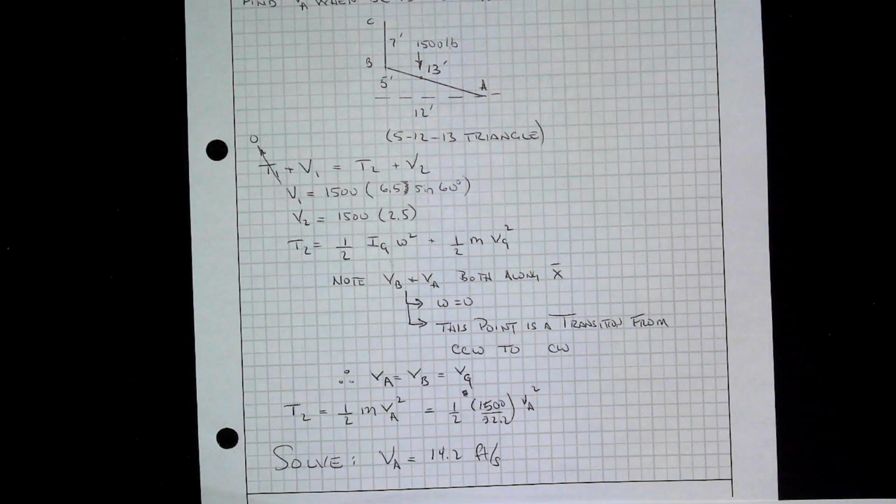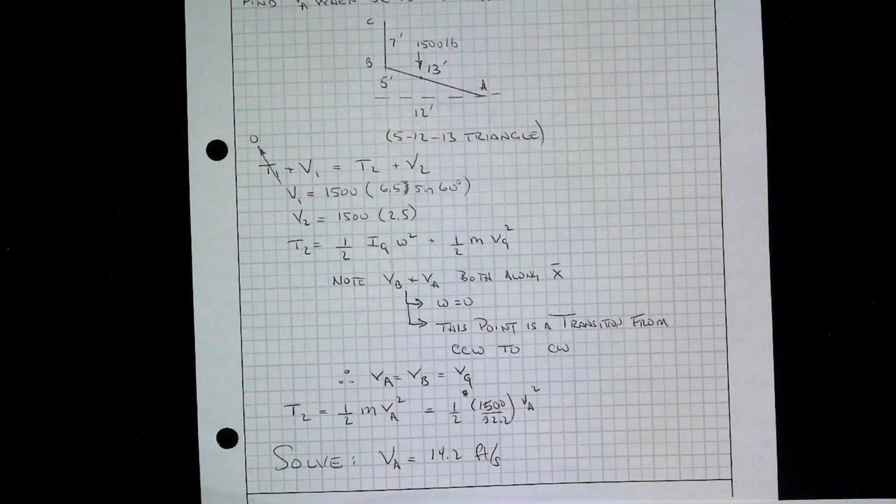So let's see what we have to start with. Initially, in our initial position, it's 13 feet long, so the center of mass will be 6.5 feet along there. Okay, and it's at 60 degrees. So the initial position is 1,500 pounds, and how high up is it? 6.5 sine of 60. Straightforward.